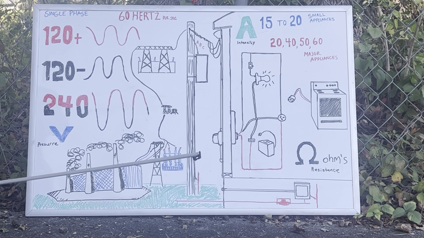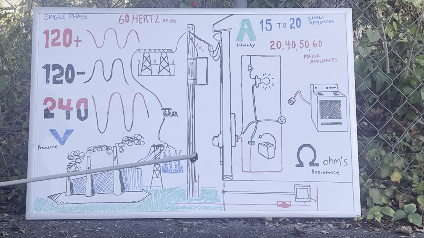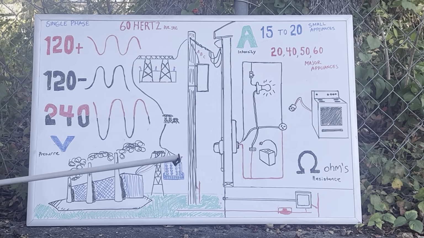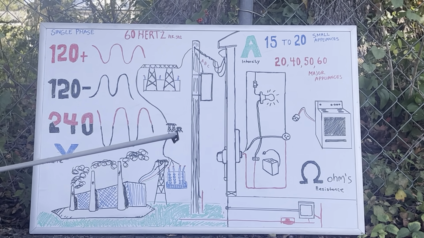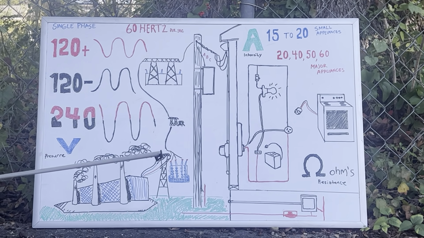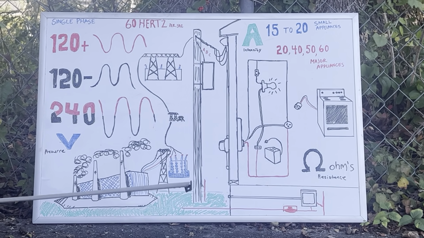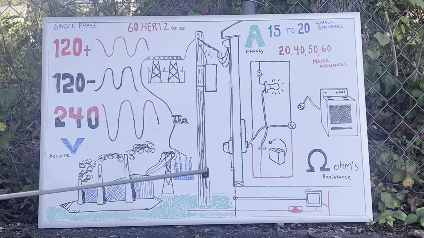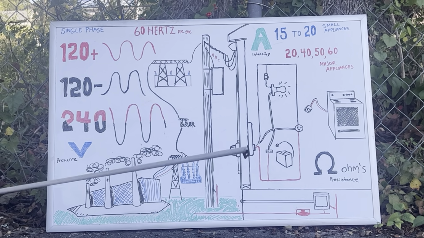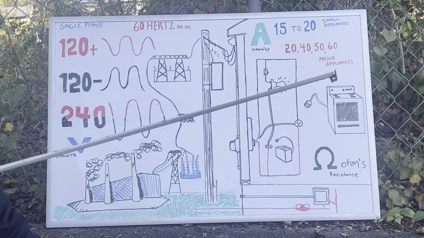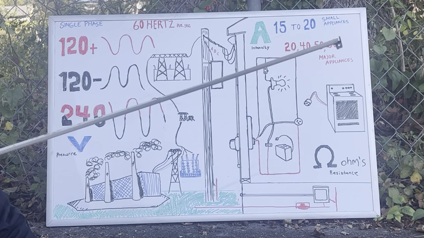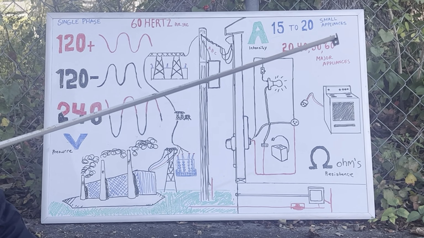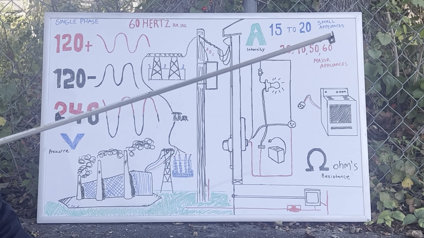So let me see, I believe I went over everything. This is dealing with your electrical power circuit and your single phase 120 alternating current that gets distributed to your residence. It can be different for commercial and industrial voltages, okay?